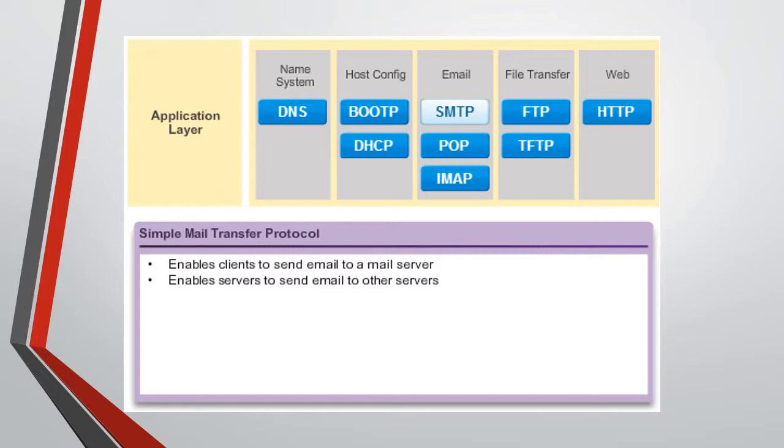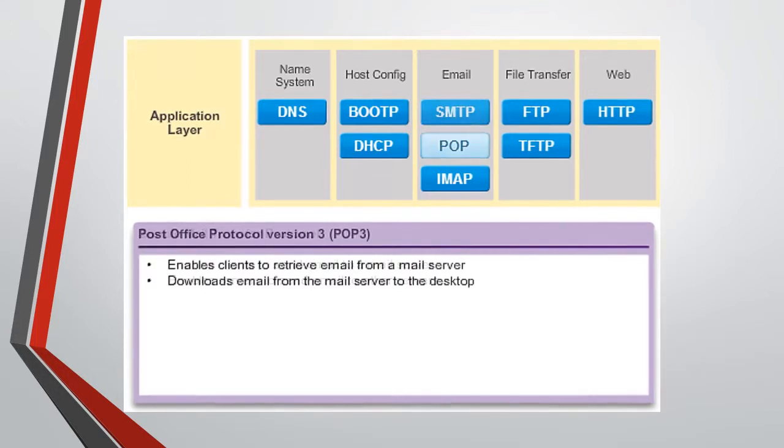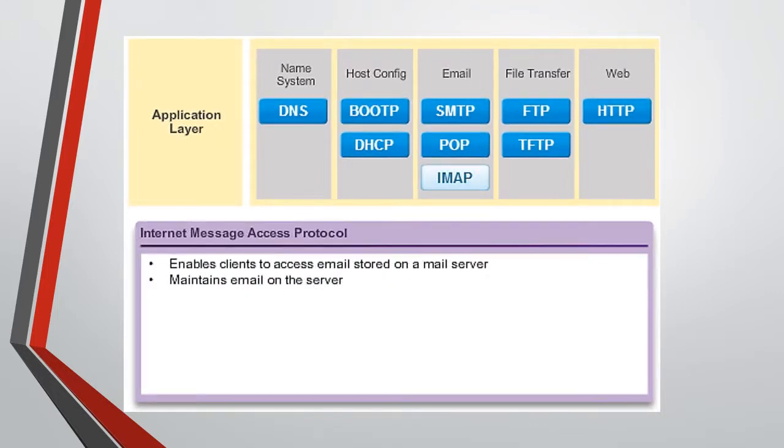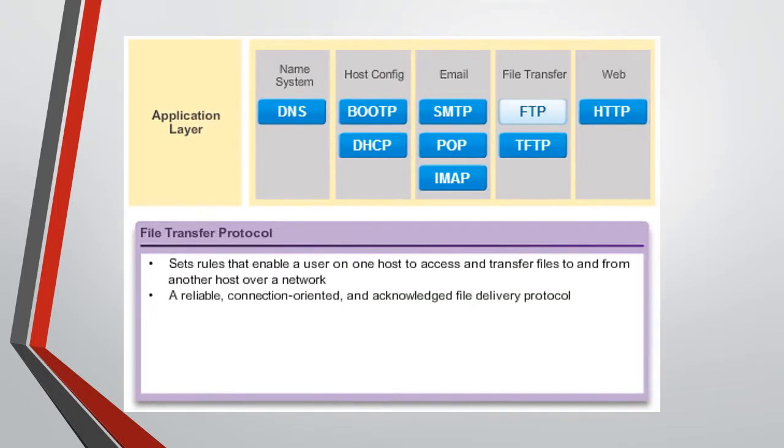Simple Mail Transfer Protocol. This protocol transfers mail, messages, and attachments. Post Office Protocol. A protocol used by email clients to retrieve email from a remote server. Internet Message Access Protocol. This is another protocol for email retrieval. File Transfer Protocol.